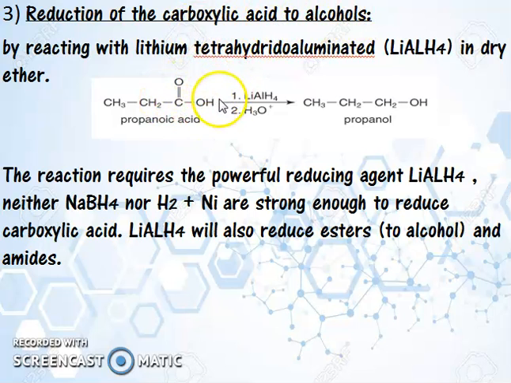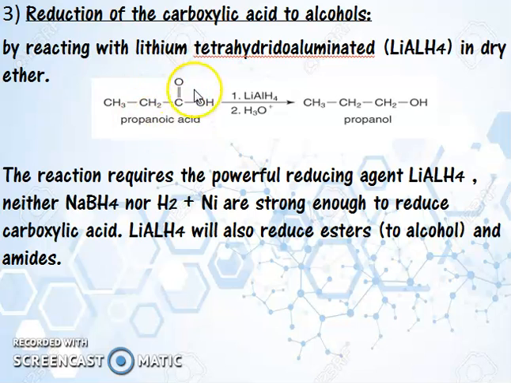You can see this is carboxylic acid, COOH, which is attached with an ethyl group. Okay, so it becomes propanoic acid. When treated with LiAlH4, it is reduced to propanol. You can see this chain is attached to OH.